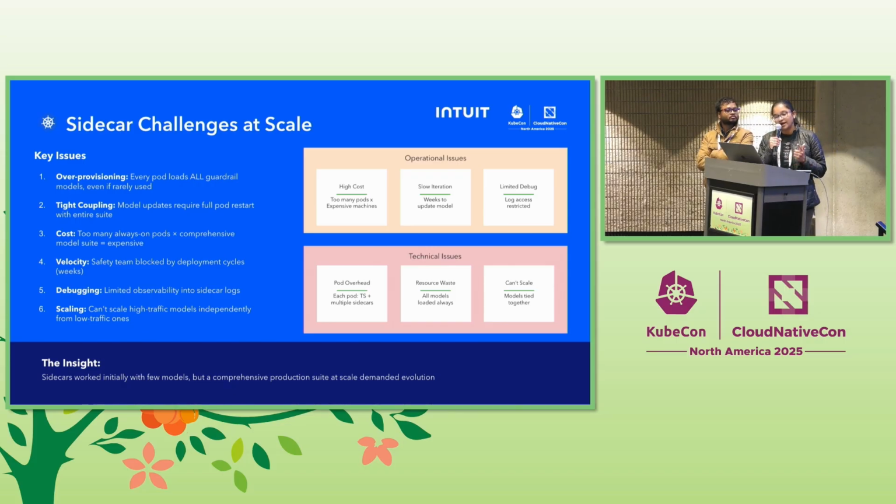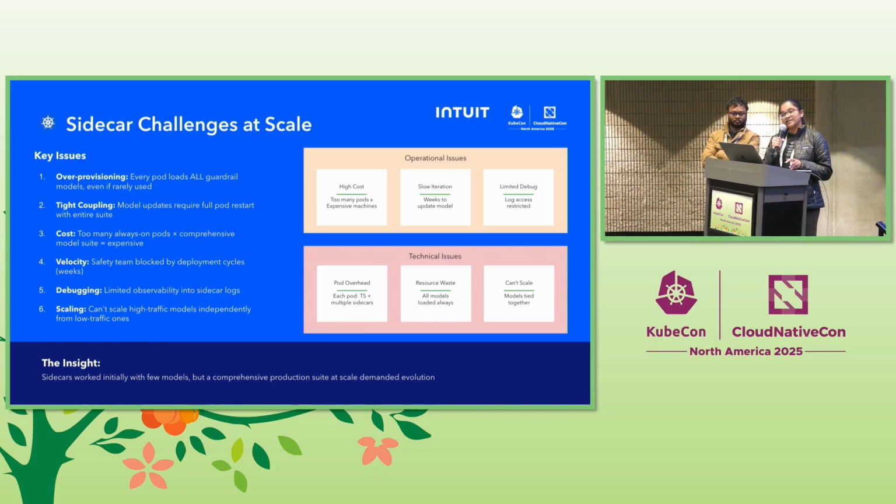And then when you have the same pod for your business logic and sidecars, then whenever you have to make any update to your business logic or to your models, you end up restarting all your pods. So this ended up in a place where it became costly for us to add more guardrails, to add more sidecars, and then also a velocity constraint for us because even though initially we were able to test things out very quick, we quickly came into a world where we were taking longer to evaluate all these different modes and see that our pods work at scale when you keep adding additional models.